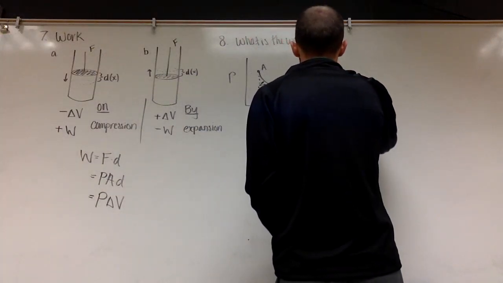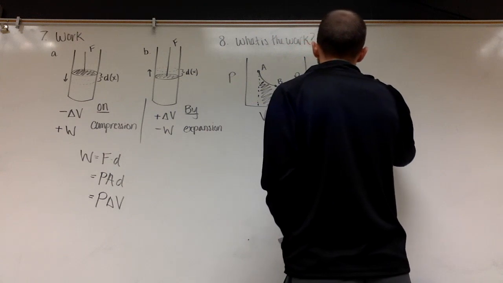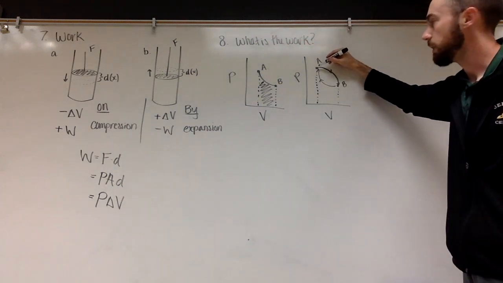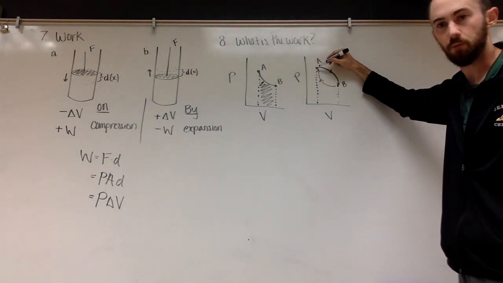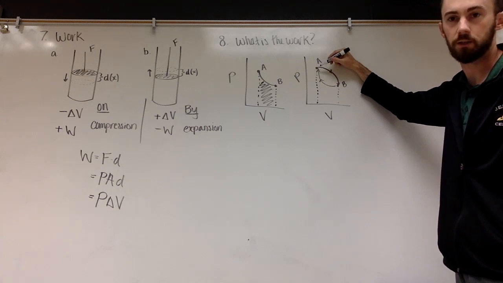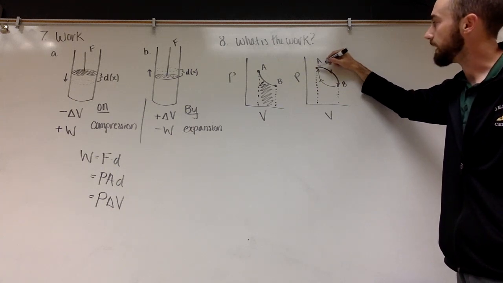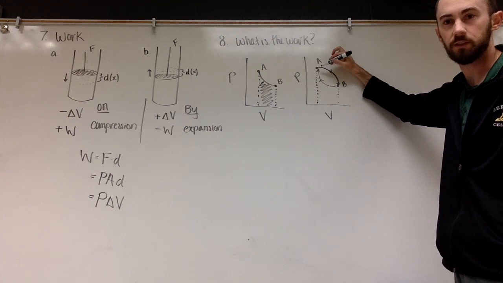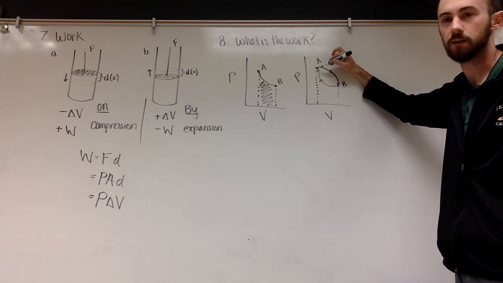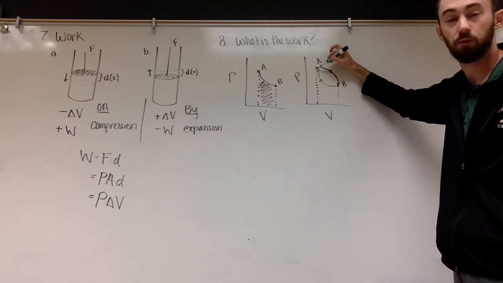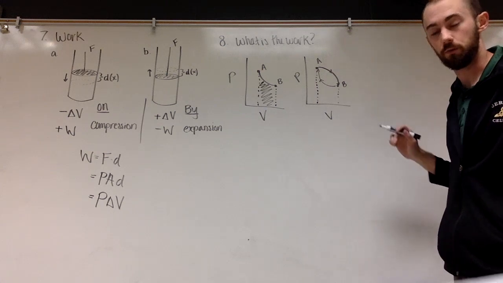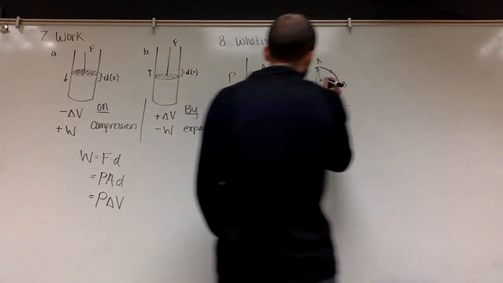Okay, so first thing I want to do, draw my lines. One interesting thing to note, if I start and end at the same point, I have no change in internal energy. Meaning that if I look at this as a whole, this would be an isothermal process. Each step is not isothermal, but the reaction as a whole would be.